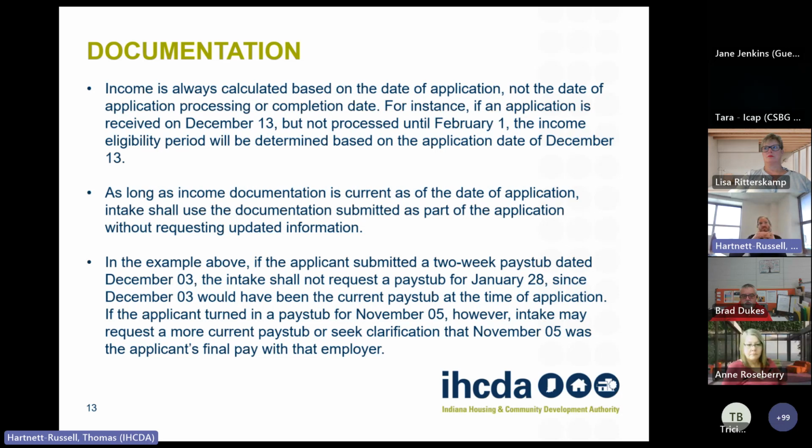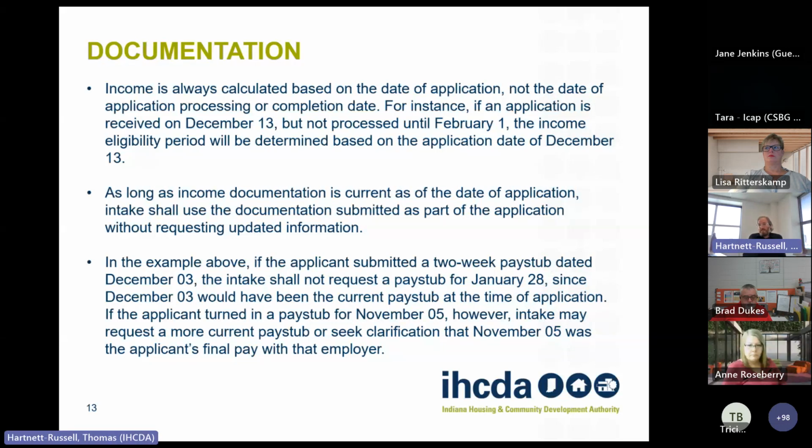As long as what they provide is sufficient and qualifies under the policies and the rules, it is preferable to definitely use what is provided. So in the example above, if the applicant submitted a 2-week pay stub dated December 3rd, then the intake shall not request a pay stub for January 28th, since December 3rd would have been the current pay stub at the time of application.